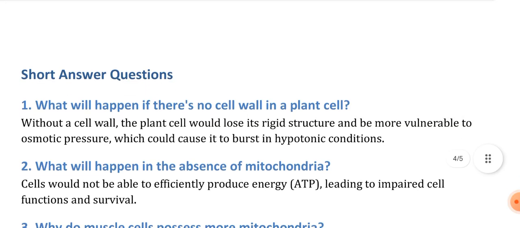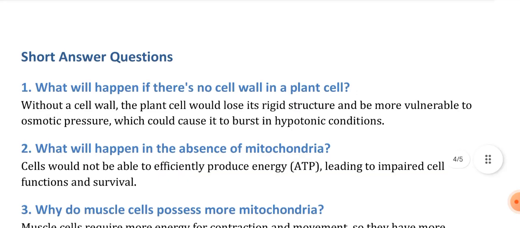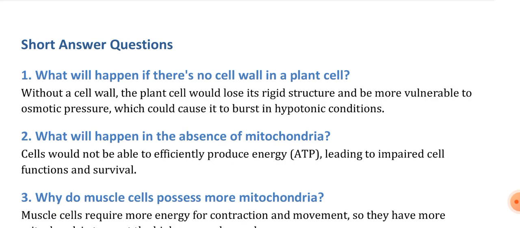Without a cell wall, the plant cell would lose its rigid structure and be more vulnerable to osmotic pressure, because the osmotic pressure will be severe and it will cause the cell to burst. So it will not help the cell to keep its rigid and definite shape and structure.